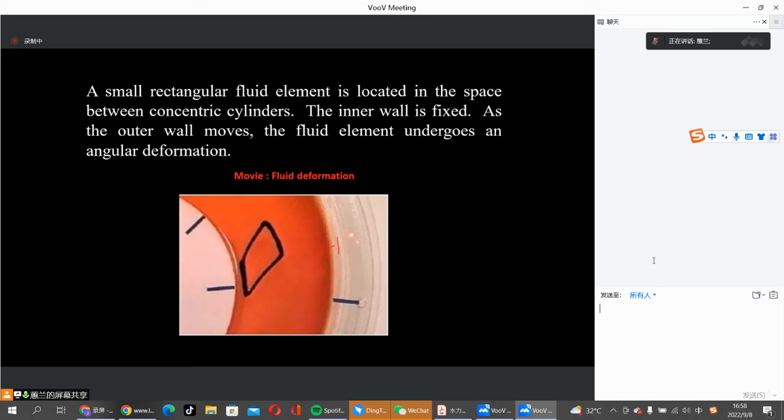The outer one is moving, and if the next one is static at the beginning, then this layer will drag the outer layer, right? They will have internal friction force. So the shear force, we can also regard as internal friction force between fluids.